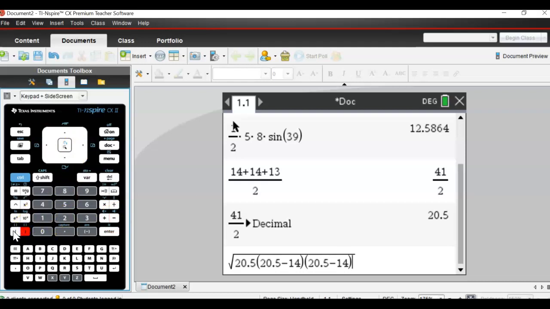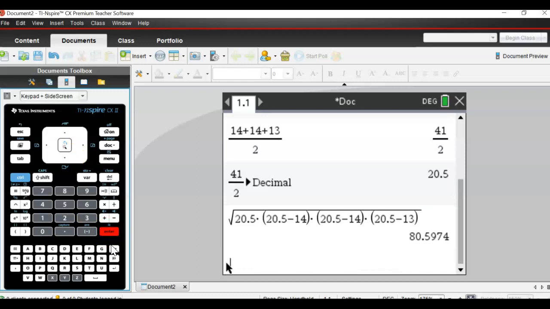Close parentheses, open it, and we're going to do 20.5 minus 13. The last parentheses part here, you don't have to hit this button again unless you really want to. If you hit enter at this point, it'll populate that parentheses to end it. So right now, my area should be approximately 80.5974.